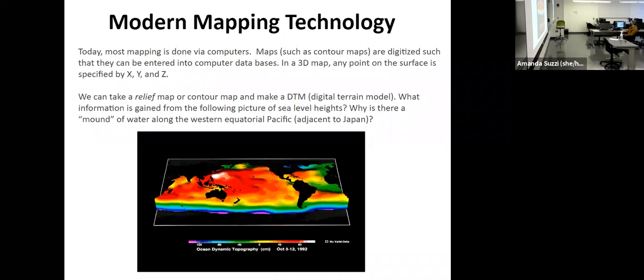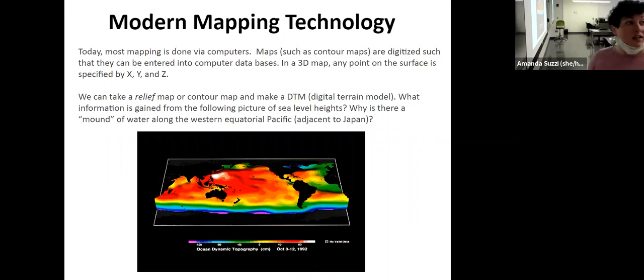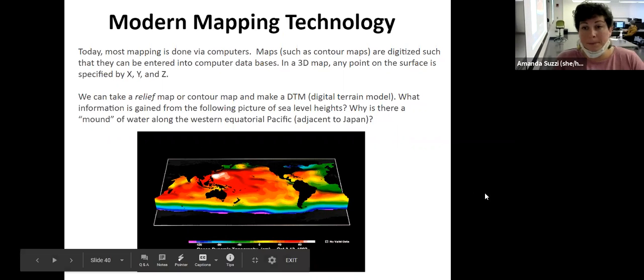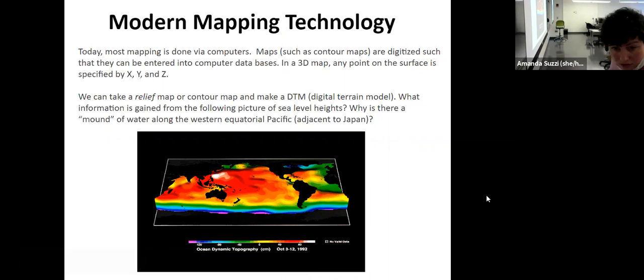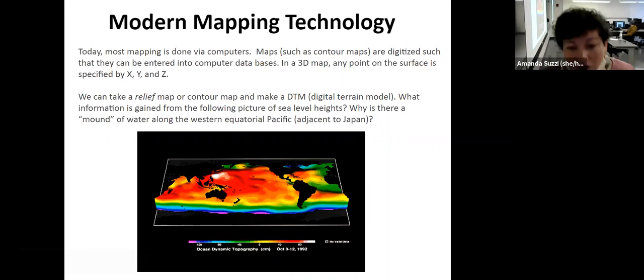All right, modern mapping. This is like the best part. This is a digital terrain model of the ocean. Why? Okay, so you remember how we talked about how the Earth is a lumpy space potato? There's this crazy high point right off the coast of Japan.